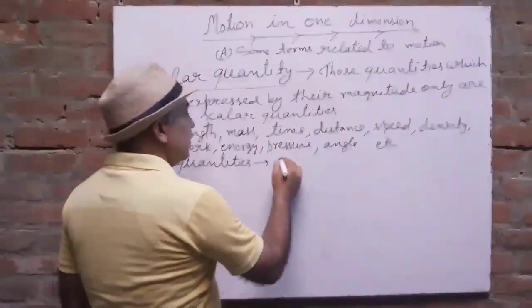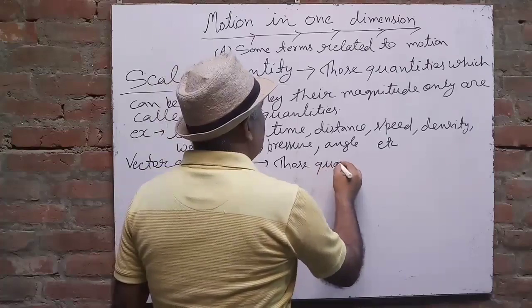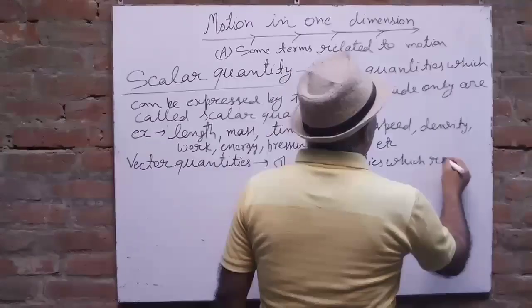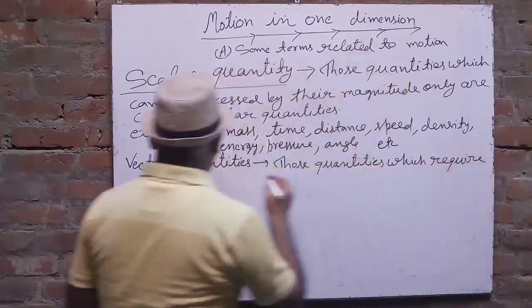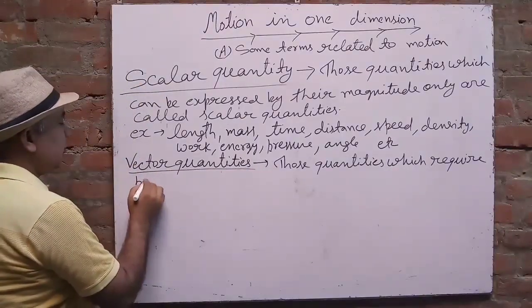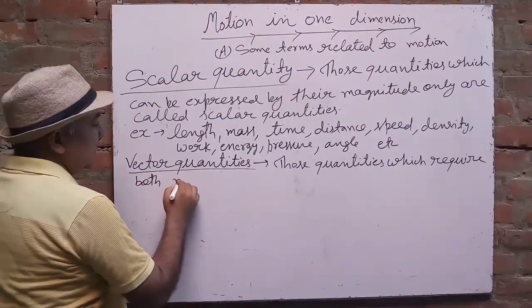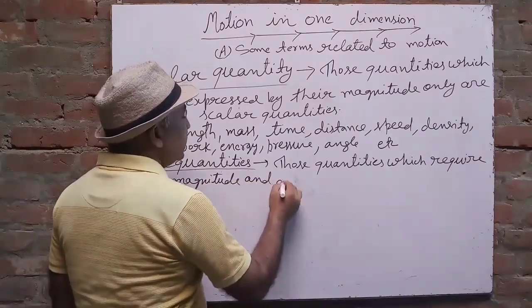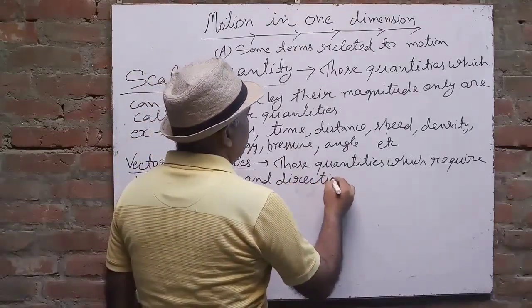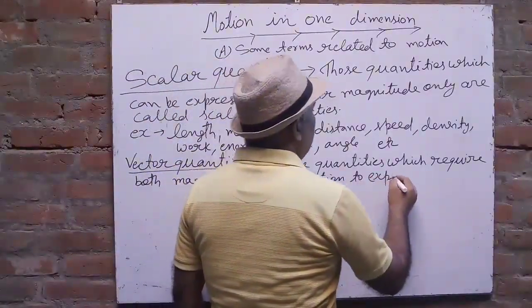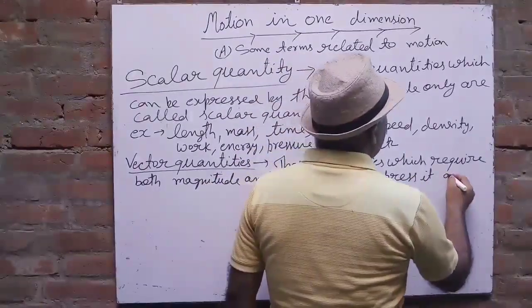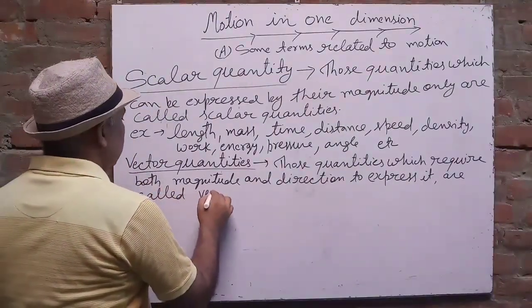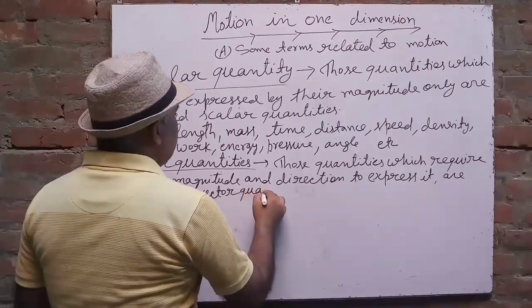Those physical quantities which require both magnitude and direction to express them are called vector quantities.